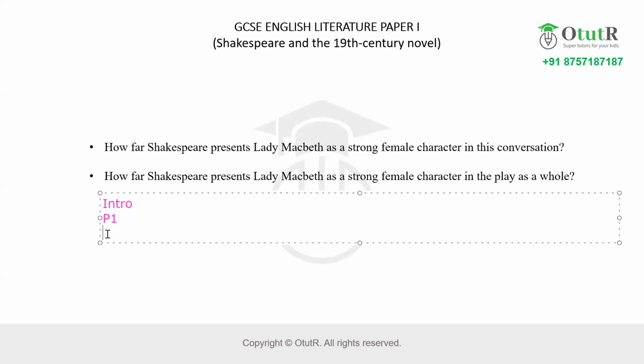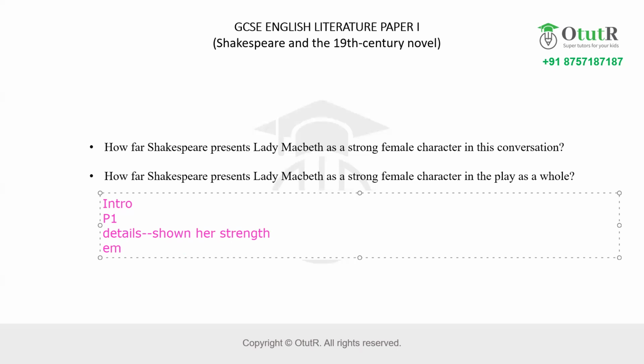They have to be relevant. So paragraph 1 needs to have all the details from the extract which show her strength. The quotes have to be embedded in the sentence, as you know. They should become part of your explanation.